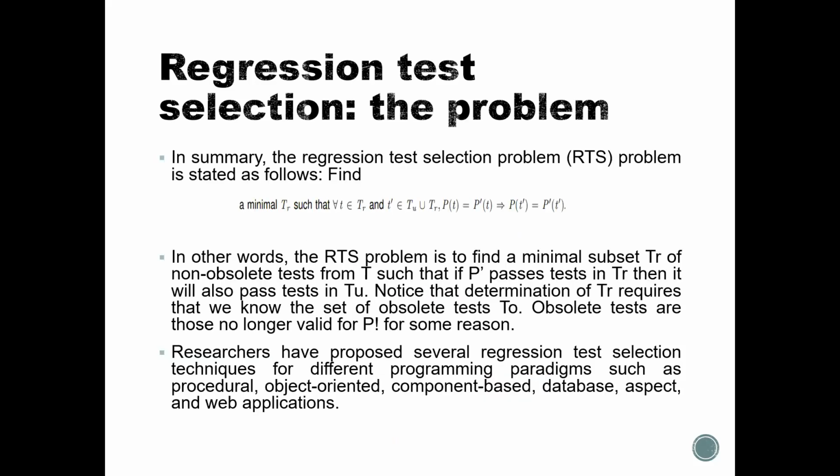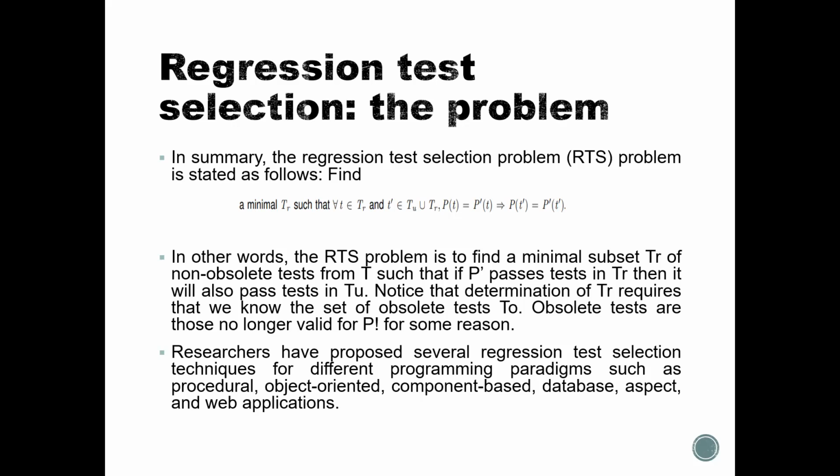If I write this regression testing in a mathematical manner, this whole operation is to minimize this TR, which is a non-obsolete test from T, and you need to find this P dash such that it passes this test TR, and it also passes this test TU. The main thing over here is to determine this TR, which requires a lot of effort.